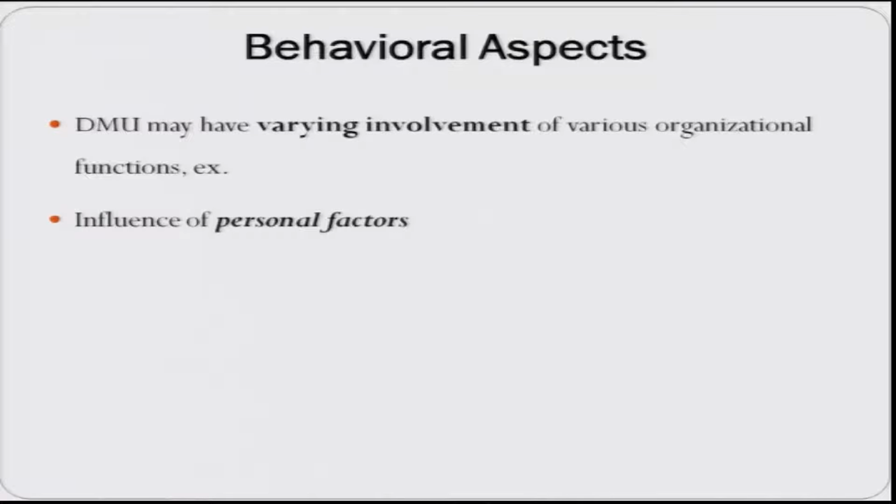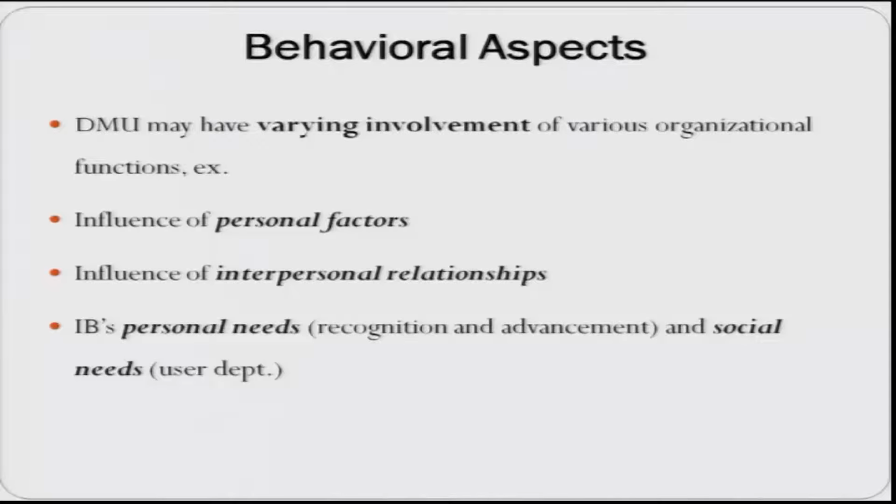Then there is an influence of personal factors, that an industrial buyer has to maintain good relationship within the organization. So, he has to maintain a good relationship with the user department, he has to cater to the needs of the user department, and he has to also maintain a good relationship with the external organization, the suppliers with whom he deals, so that he maintains the supply for his or her organization.